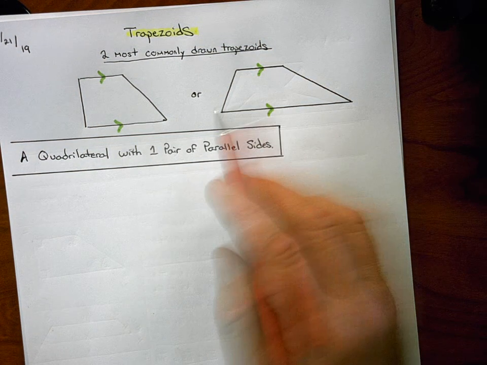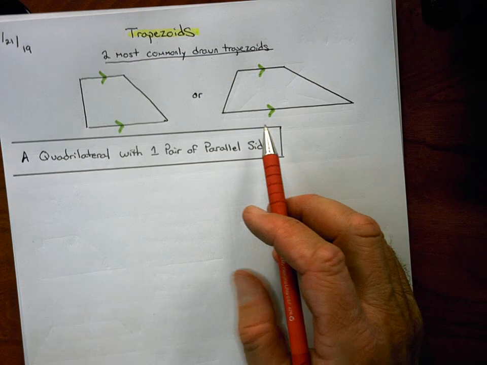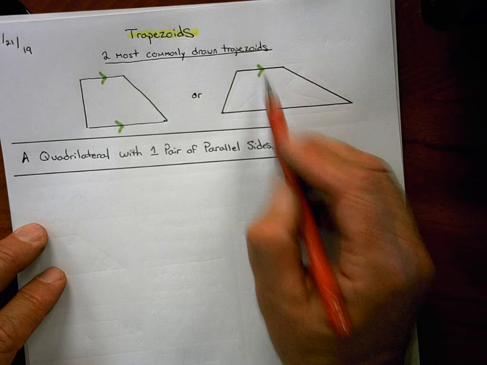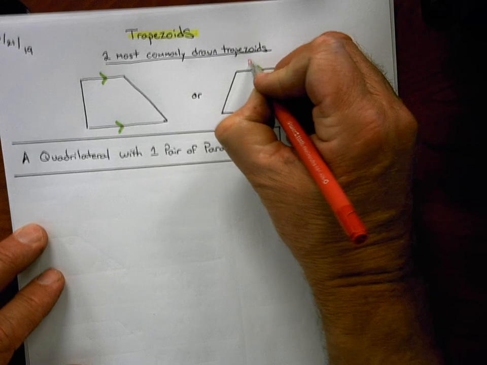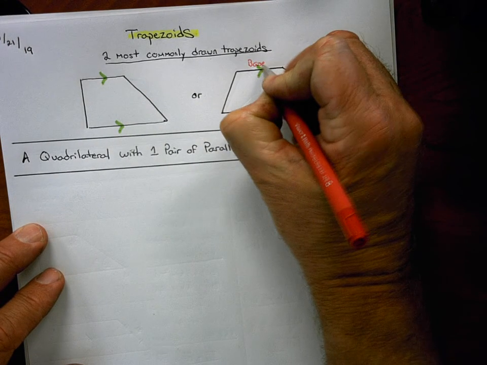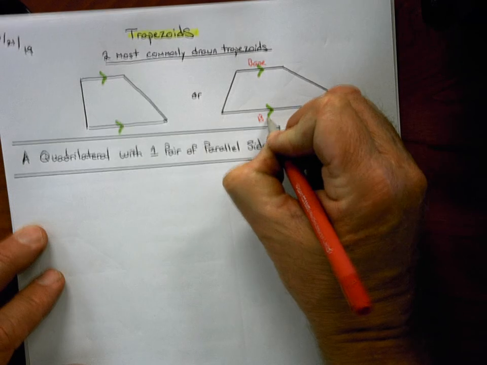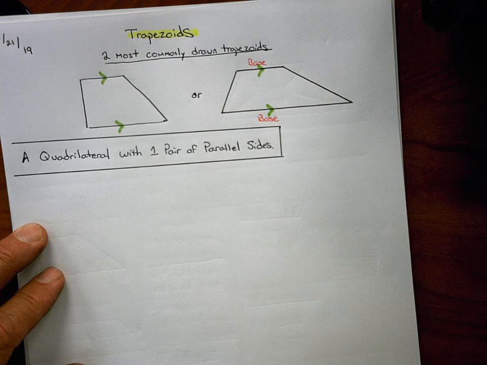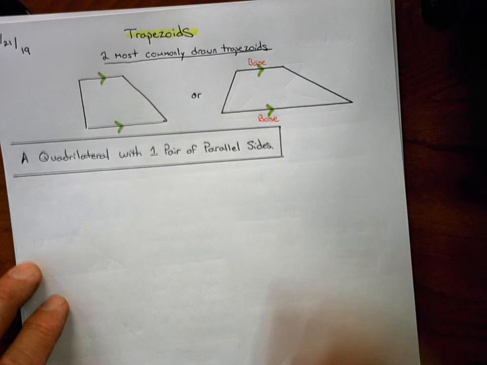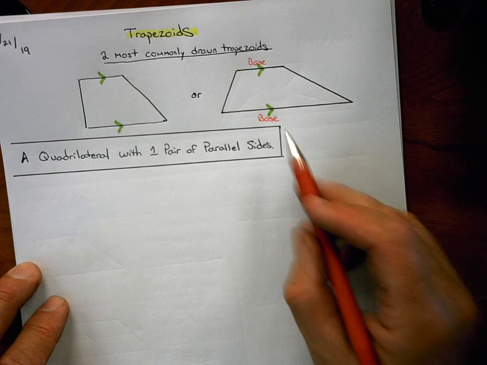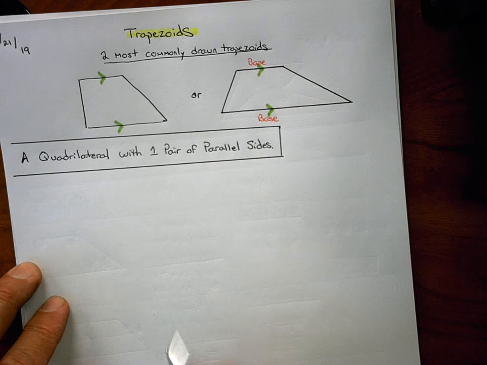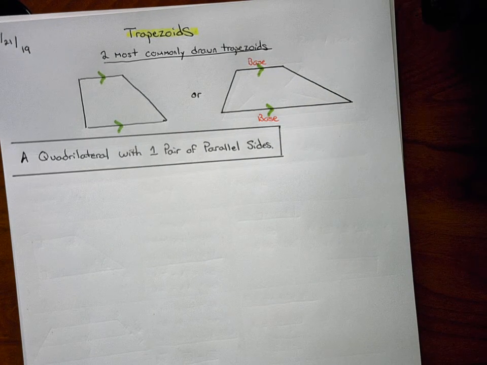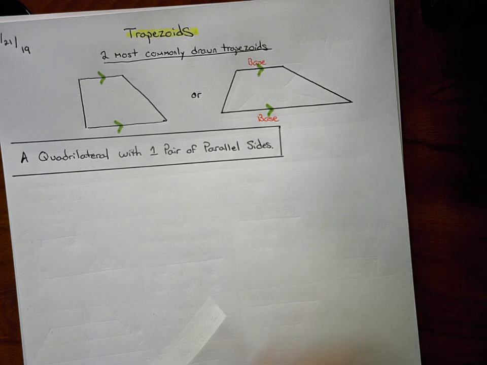Some terminology that you have to know because I will be mentioning it. The parallel sides in a trapezoid are called the bases. So the two sides that are parallel we refer to as the base and the base. Some teachers call one of them base 1 and the other one base 2. You can do that. I don't care which one.